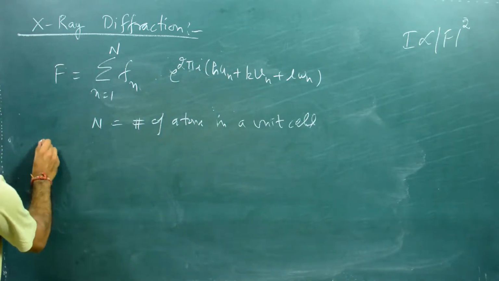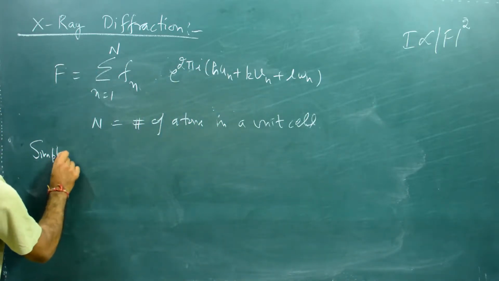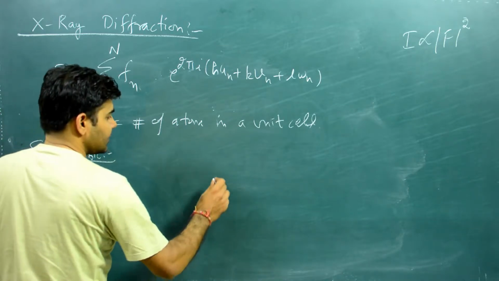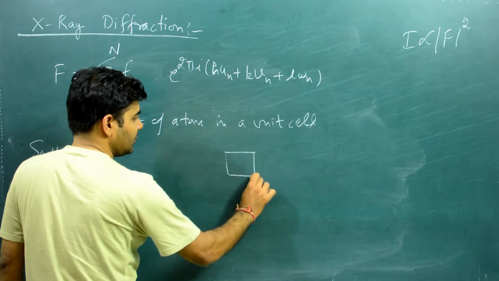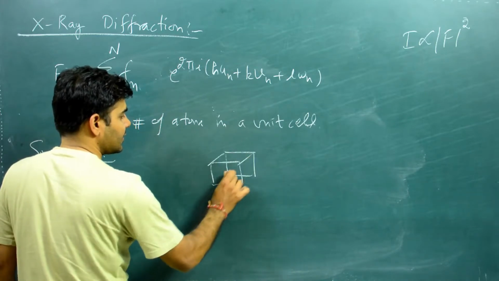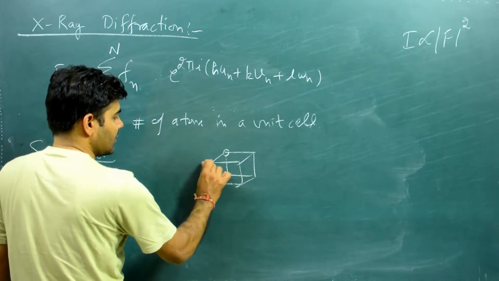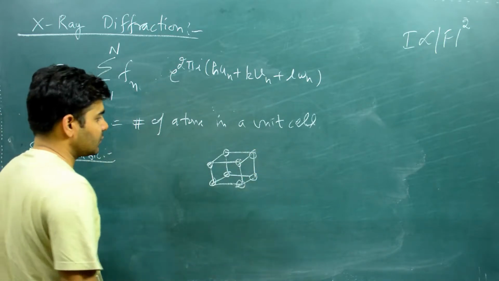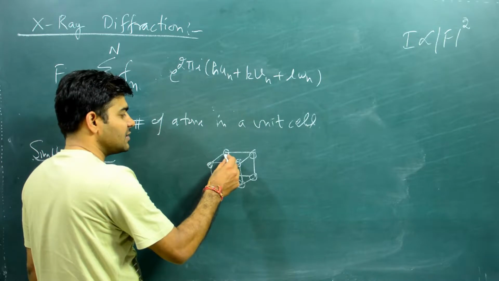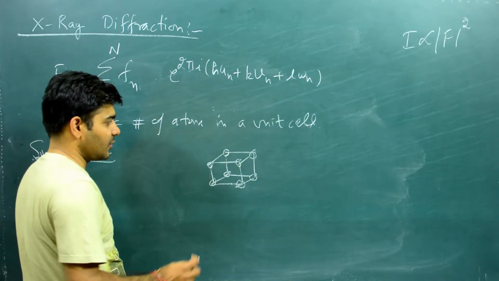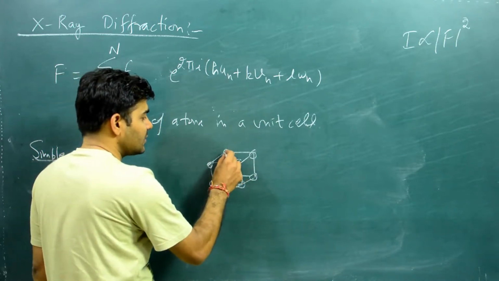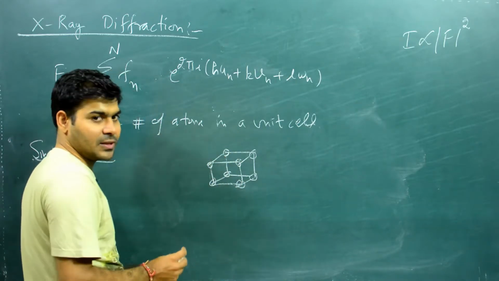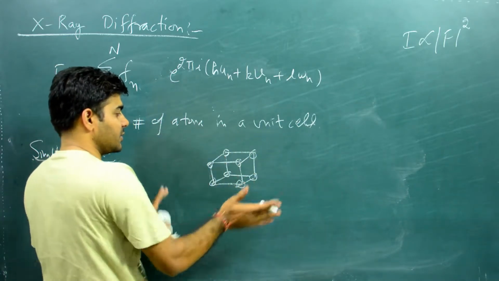So for example, let me take the example of a simple cubic. Simple cubic is a case when we have a cube and 8 atoms at the 8 corners of the cube. The effective contribution of one single atom to this cube is 1/8, because the atom at the corner of a cube is shared by 8 different cubes if we extend this structure in all 3 dimensions.